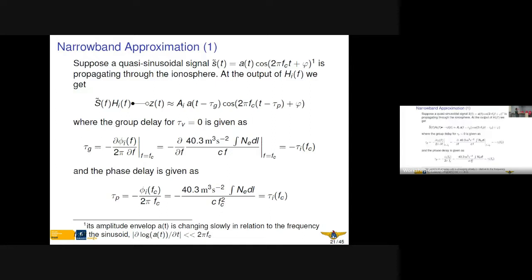So suppose a quasi-sinusoidal signal is passing through the ionosphere. We can derive some interesting results.